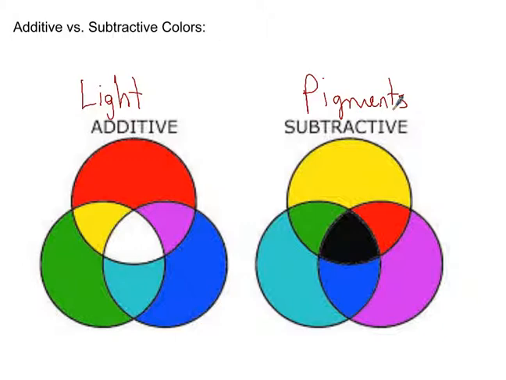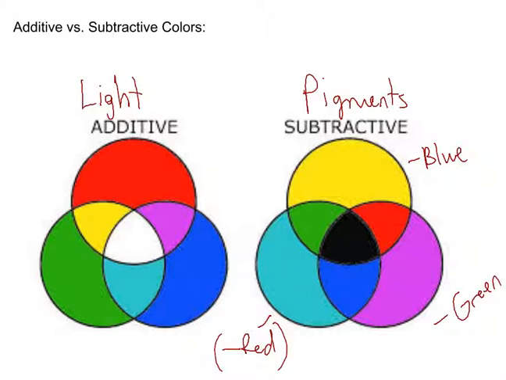So a yellow pigment subtracts blue out of the incoming light. A cyan pigment subtracts out red. So that subtracts out the red. A magenta pigment is one that subtracts out green.